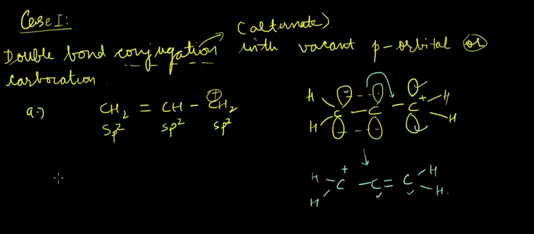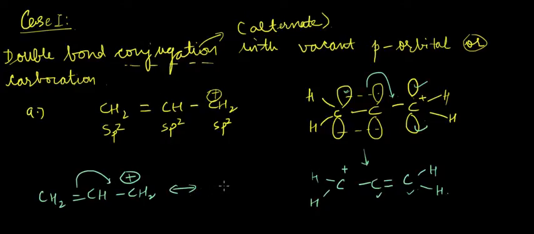In short we can write it something like this: CH2 double bond CH2. The pi electrons come here to form something like CH2 positive charge again here, and something like this.